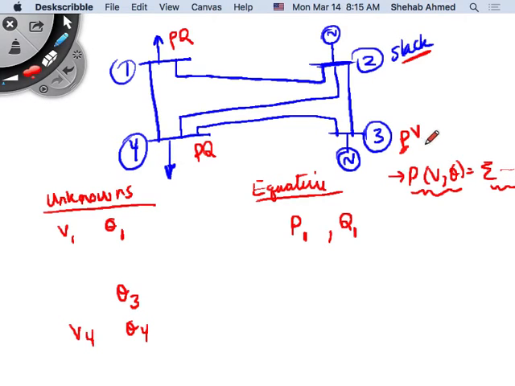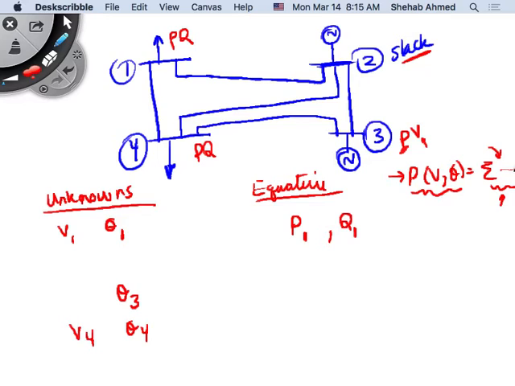V I know at this bus, so I plug in the correct V because it's given. All I have to do is put estimates for theta, the angle, on the right-hand side, and then look at the equality. Are they equal? Then this is an equation I can use.